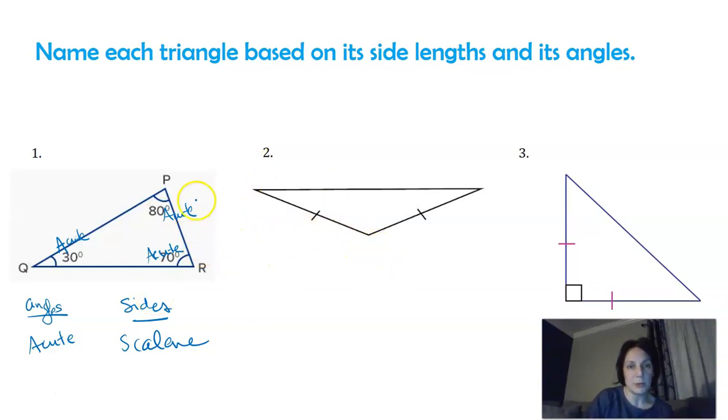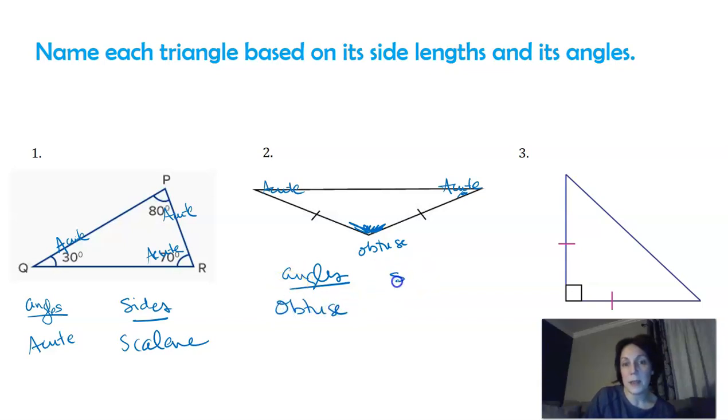All right, let's look at number 2. When it comes to angles, I see an acute angle here, an acute angle here, and right here, oh boy, an obtuse angle. That's a big boy. So I know my triangle is obtuse. Let's look at the sides. One tick mark, another tick mark.